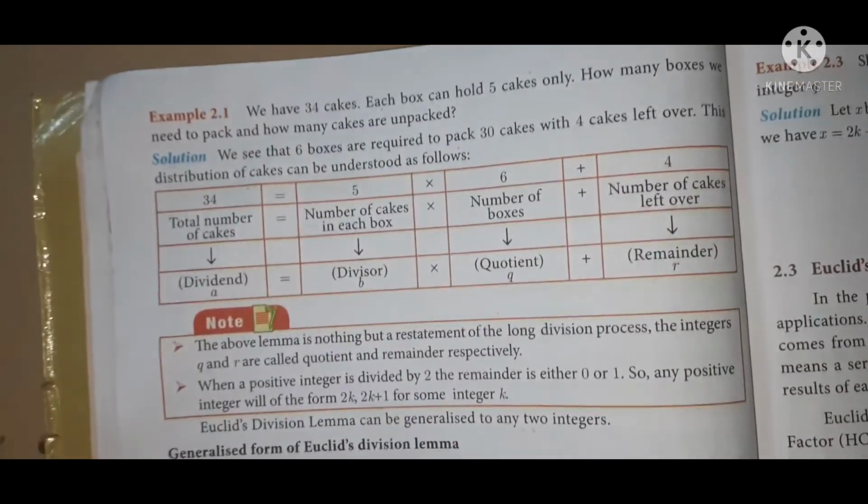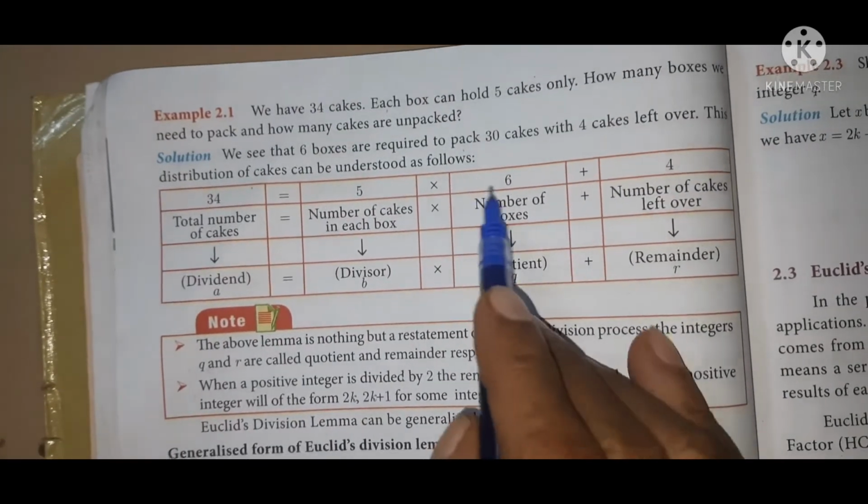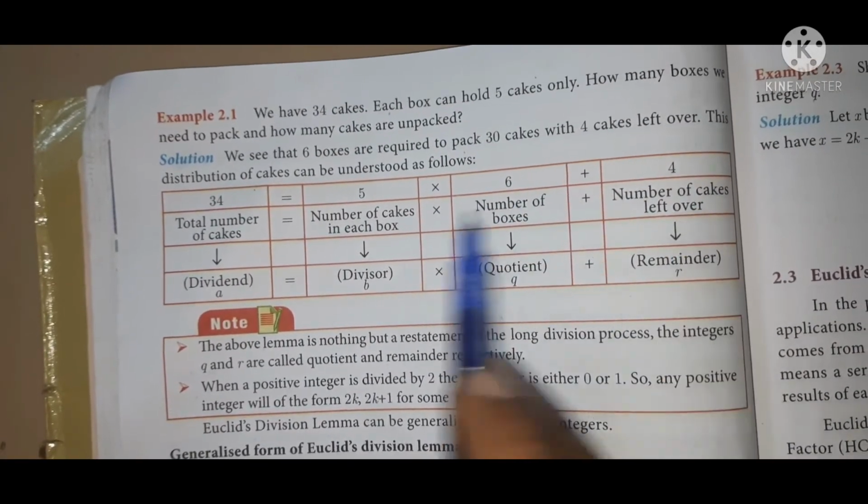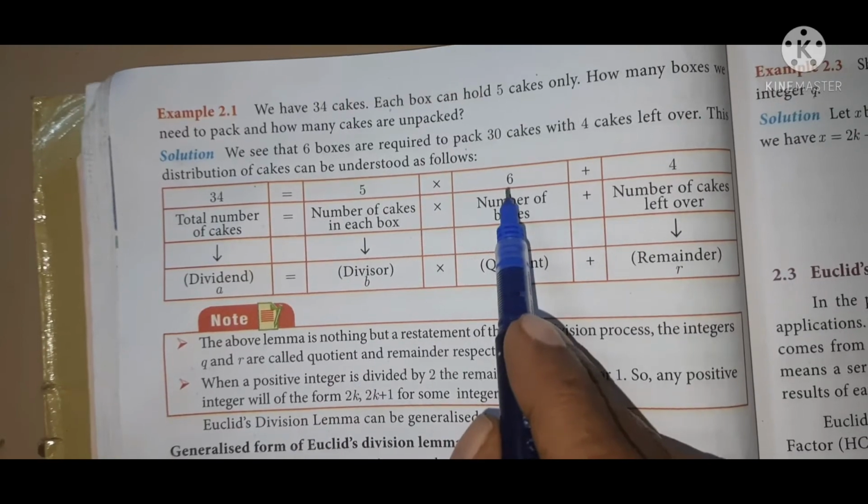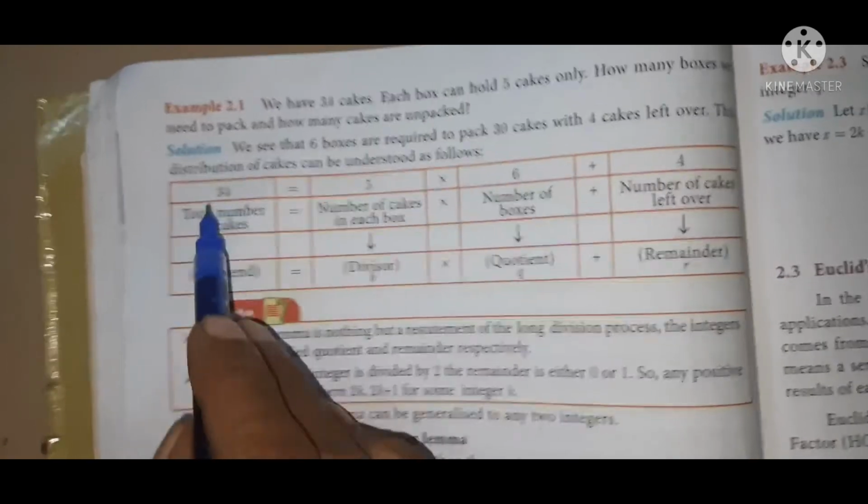34 divided by 5, we get the quotient 6. Then the remainder is 4. 5 into 6, 30. 30 plus 4, 34.